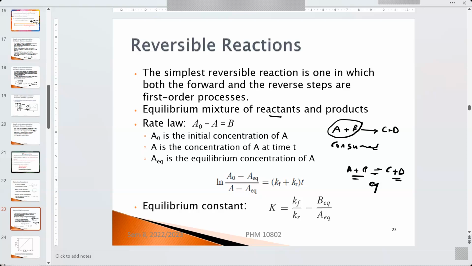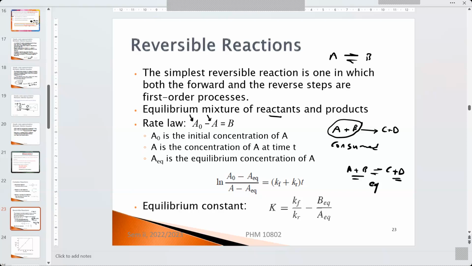Okay? The rate law is the difference between the amount of the reactants at the beginning and at a certain time, equal to the products. This is if, for example, A is giving B. So here the rate law is A node minus A. A node is the concentration at time 0.